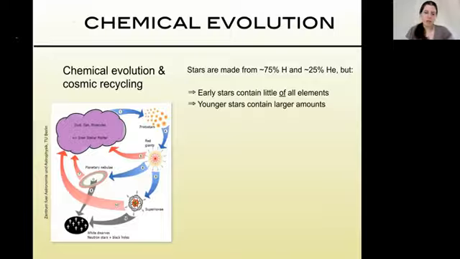That has as a consequence that stars that formed more recently will contain a larger amount of metals than the oldest ones. And so we chase the stars that formed once the cycle had only gone around a few times.